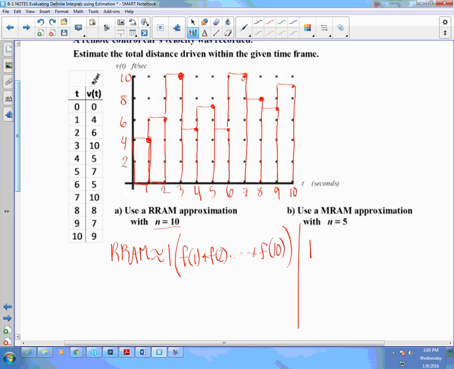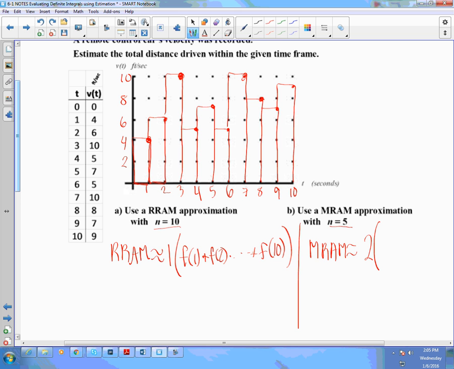Okay, let's go to the other one. We're not going to draw it, but how wide should the rectangle be for part B? 2, because we need 5 rectangles from 0 to 10. So 10 divided by 5, so this will be 2.